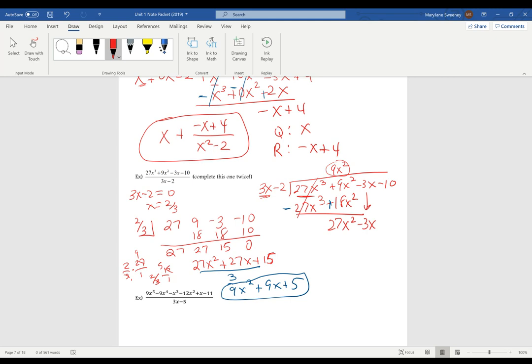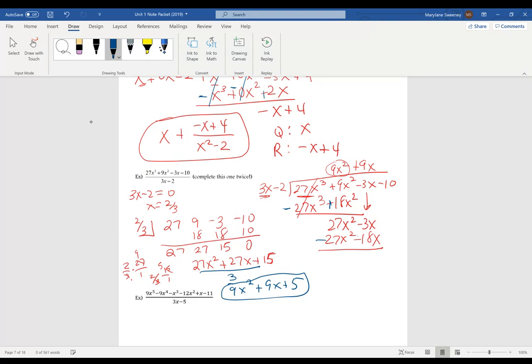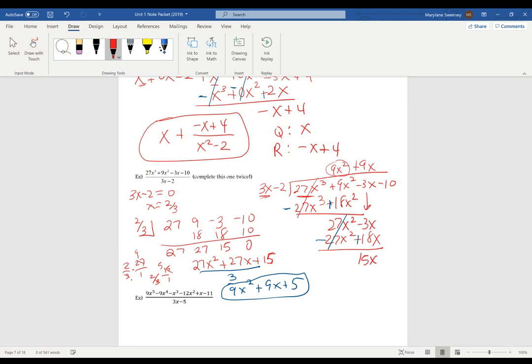Divide. So this would be 9x times 3x. That'll give me a 27x squared. 9x times negative 2 is negative 18x. Subtract going down. So then we get 15x. Bring down the minus 10.